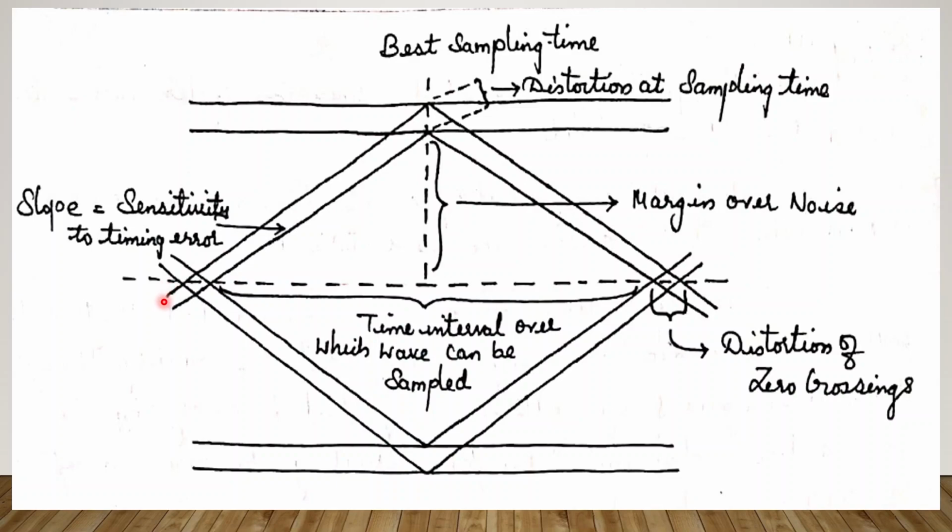The slope of the eye pattern gives you the sensitivity to timing error, and this short vertical distance provides the distortion at the sampling time. Even at the best sampling time we have some distortion, and this is that distortion. So this is the theoretical eye pattern, used to analyze the performance of a digital communication system.